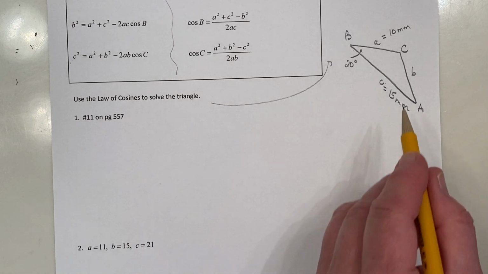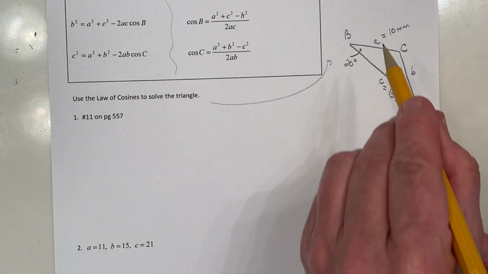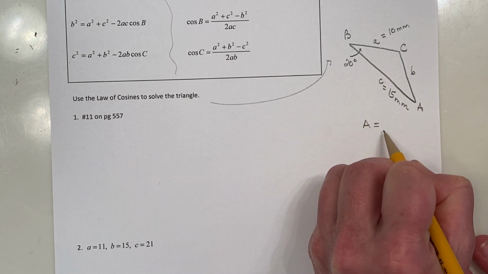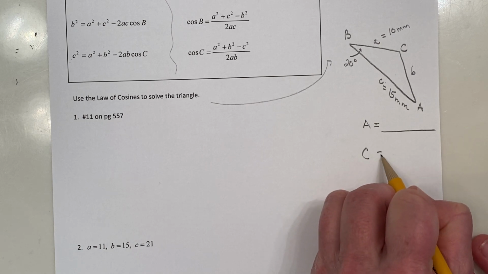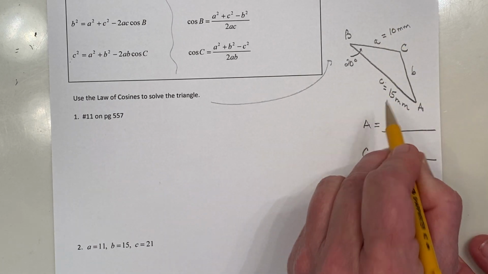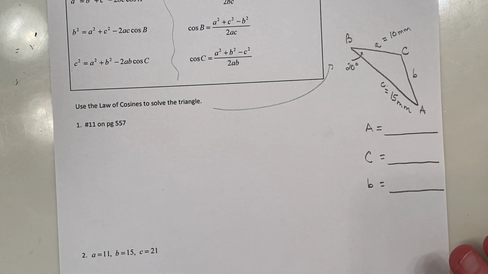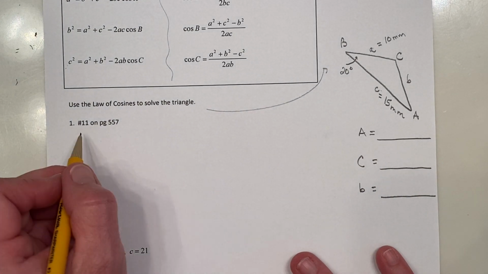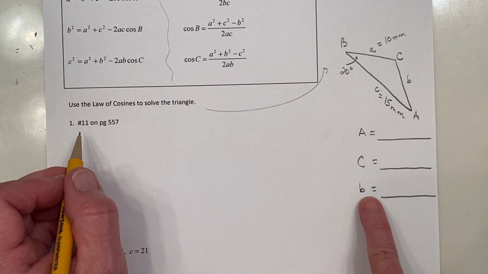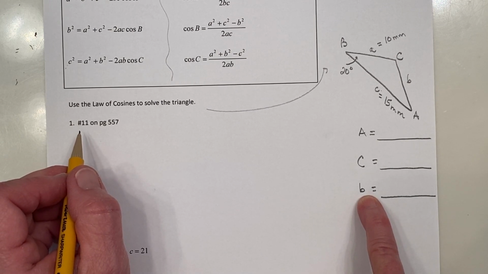Like we did before, what are we missing over here? I have angle B. I need angle A and angle C, and I've got sides a and c, so I need lowercase b. It's up to you what you want to find first. I'll probably find side b.